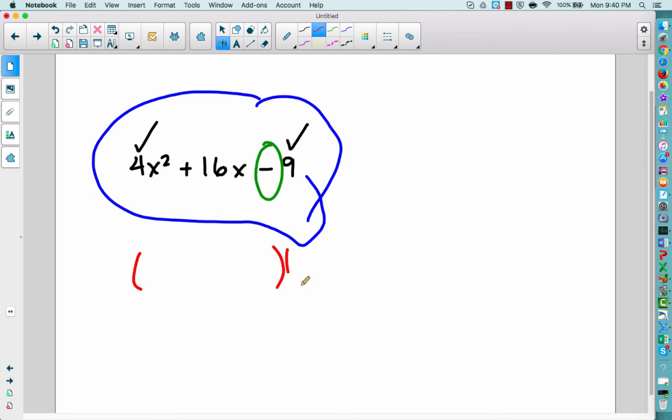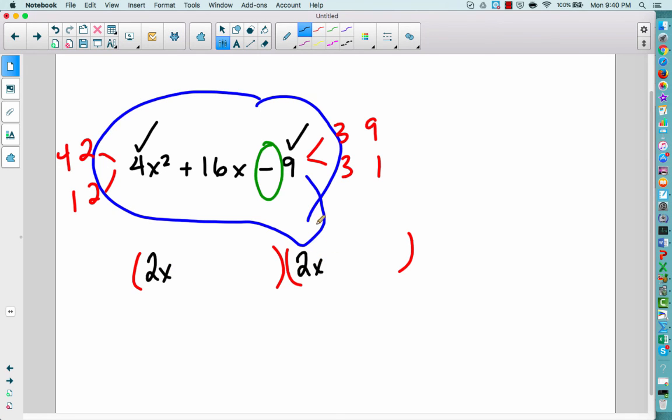All right, so I go through my factors. Factors of 4 are 2 and 2, 4 and 1. Factors of 9 are 3 and 3, and 9 and 1. All right, I'm going to try the 2 and 2. Why not? Okay, so I'm going to go 2x and 2x. And if I do 3 and 3, I already can see that I'm going to get 6 and 6, which is 12.